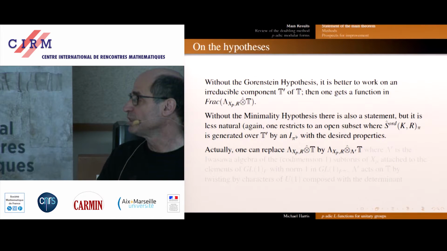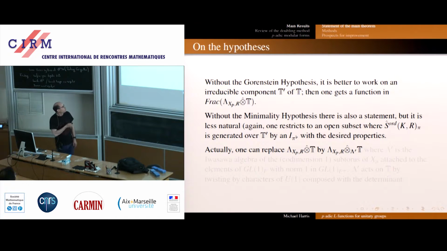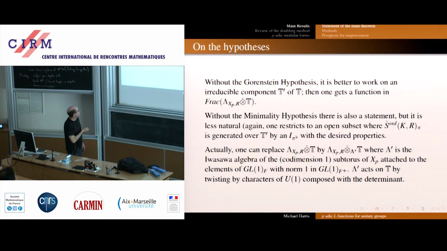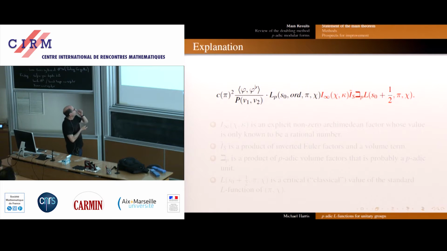Some of the variables are redundant. The variables in lambda XP, all but one of them were already in T. So you can reduce the number of variables. Okay, that's not so interesting. Here's the explanation. I will start with the easiest terms.